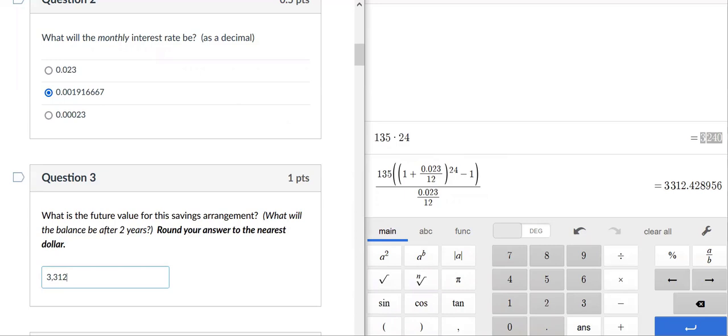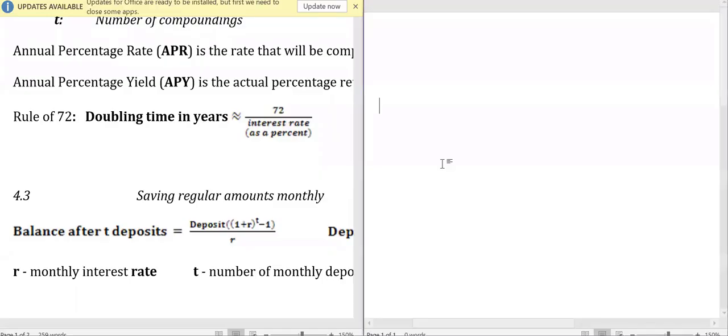And in fact, I'm going to walk over that calculation on a piece of paper, just in case you're using a different calculator. So it's 135 bucks, and then you could go parenthesis 1 plus r.